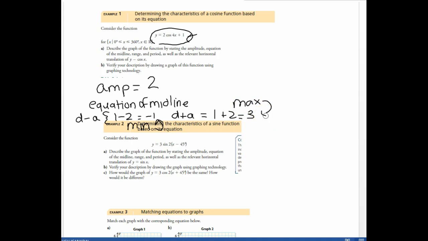And then our range and our period, as well as the horizontal translation. Okay, so our period is, and since we're in degrees here, we probably want to answer in degrees. Instead of 2 pi, we'll go 360 divided by whatever the x coefficient is, that's 4. Then that should be 90. That's the period length.